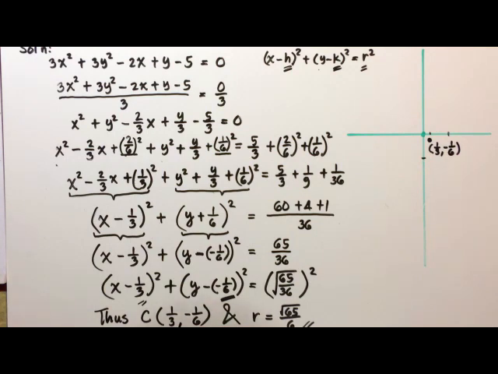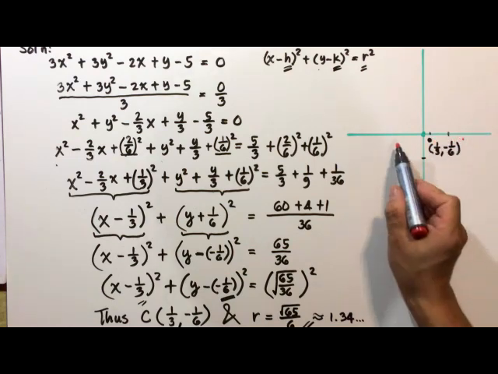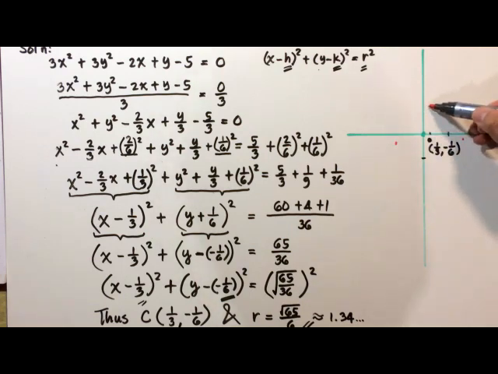Now it has a radius of the square root of 65 over 6, which if you check on your calculator is 1.34 something. So let's just estimate that as 1.3. So here, we count 1 and then 0.3, somewhere here. So that distance, and that distance, you can form a circle in this drawing here.